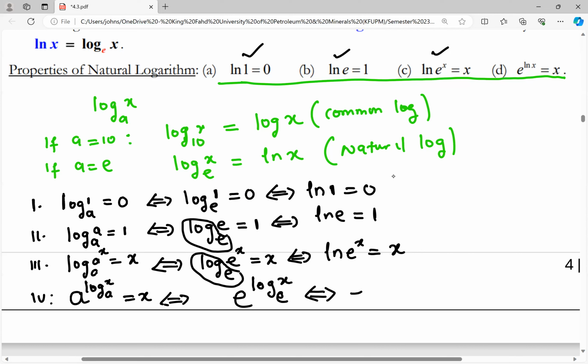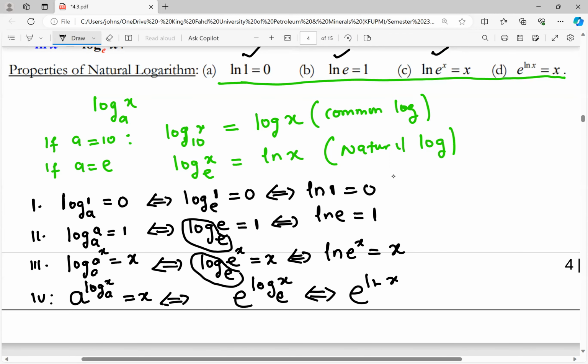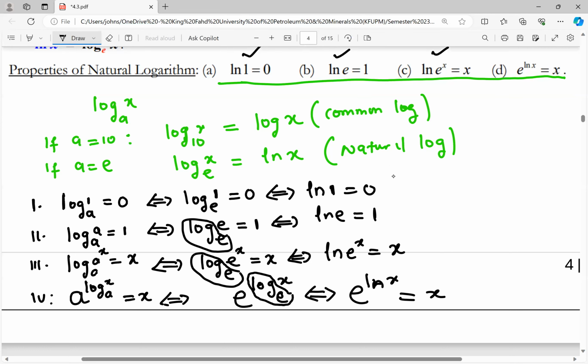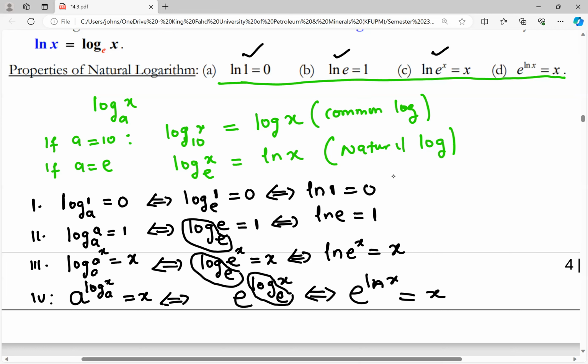This will just be e to the power ln of x, which is equal to x. And that is the fourth property.